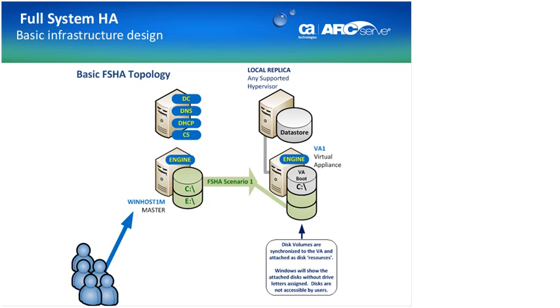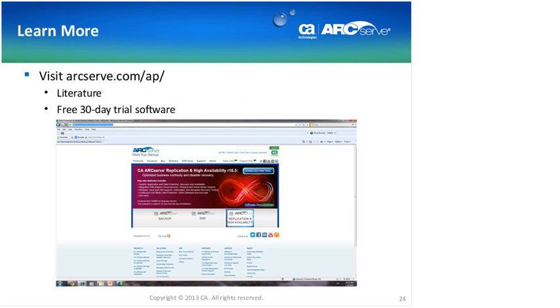If there is a case of a DR situation, that means that your production is down or due to whatever reason, you can actually put up the replicated data as a virtual machine. And once you put it up, it will be exactly the same as your production server because it is a clone of your production server in real time. So you will be expecting the data to be updated until the last minute itself.